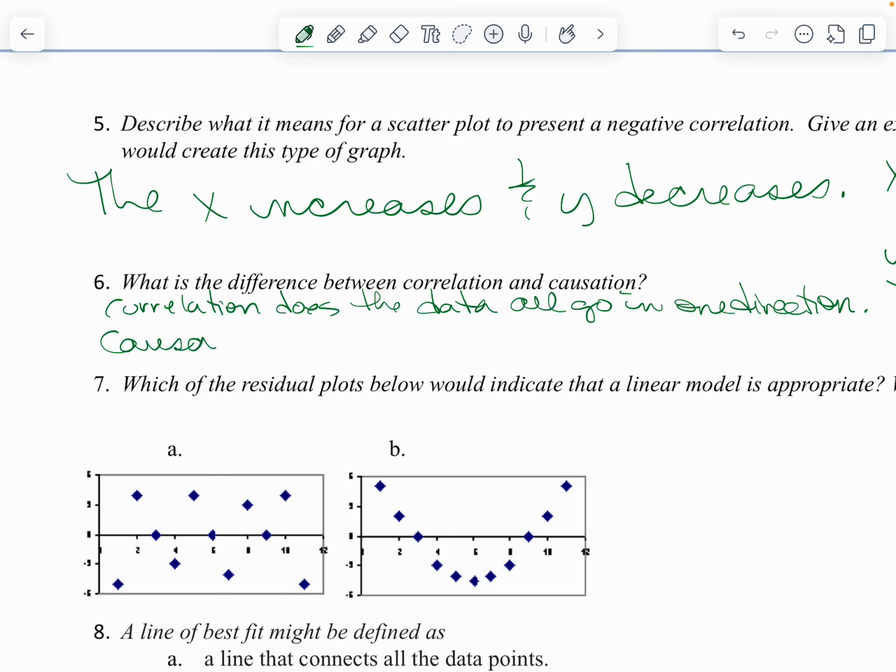Causation: does one part affect the other part?